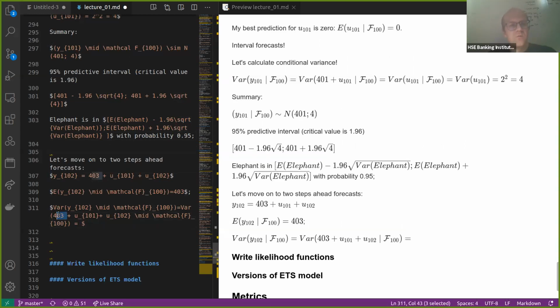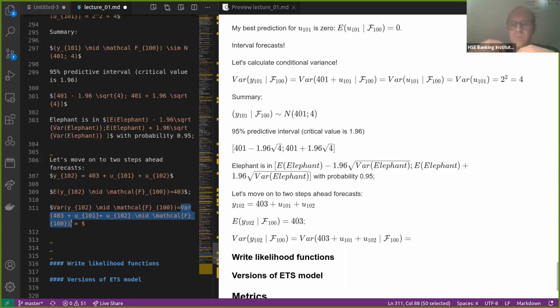I remove 403 because it's completely predictable, and yes, Konstantin is right. There should be 8 there in the variance. I remove 403 because it does not influence variance.